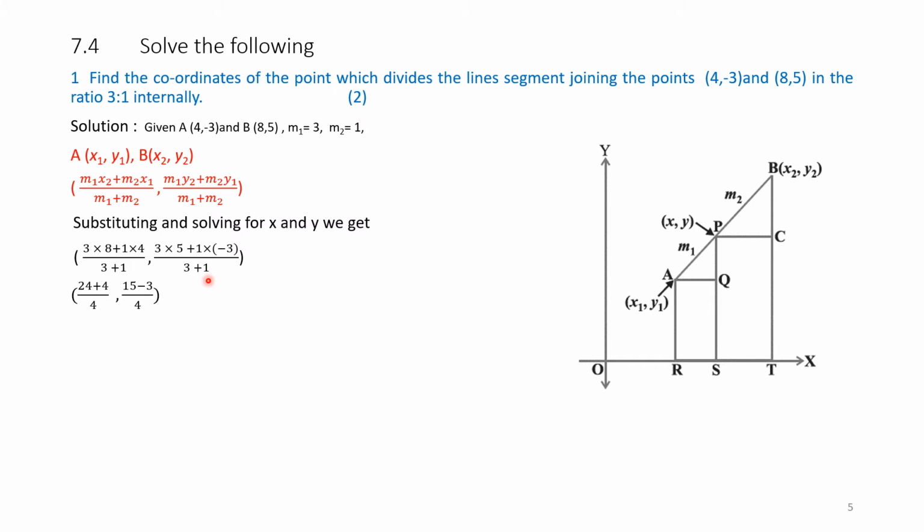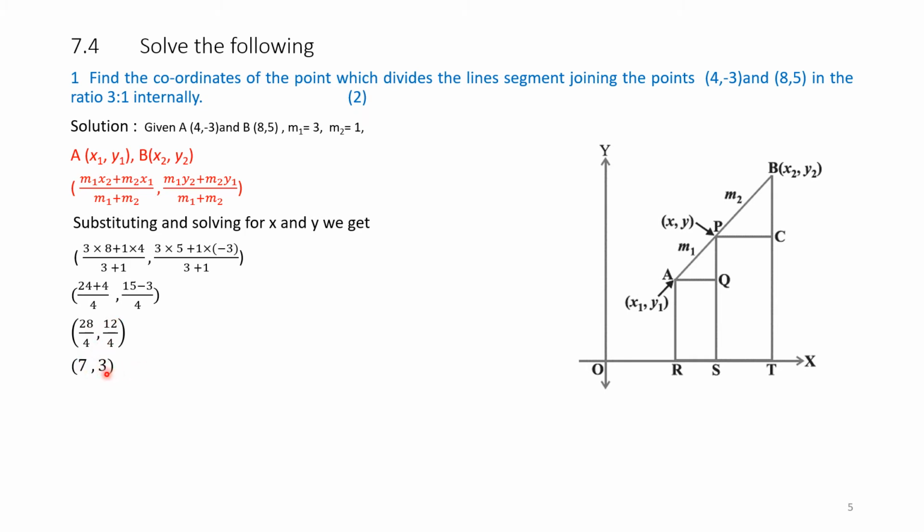That is equal to (3 into 8 is 24 plus 4) divided by 4, comma, (3 into 5 is 15, 1 into minus 3 is minus 3) divided by 4. So the coordinates are 24 plus 4, 28 by 4, comma, 15 minus 3 is 12, 12 divided by 4. 28 by 4 is 7, 12 by 4 is 3.